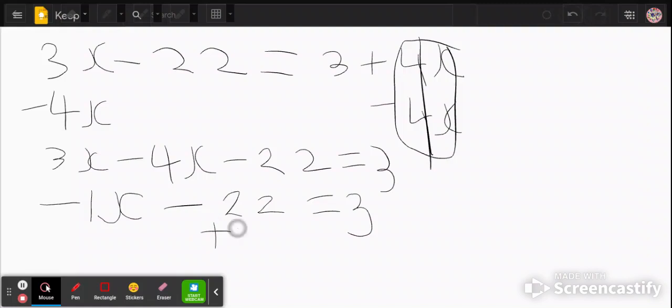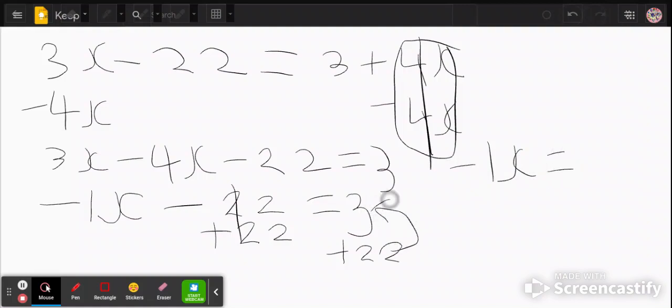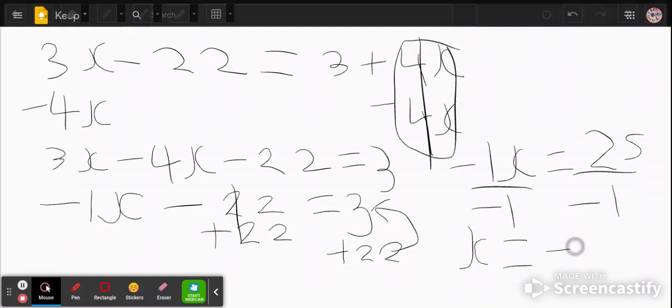So we do the opposite of negative 22, which is to add 22 to both sides. So therefore, we're left with negative 1x is equal to 22 plus 3, which would give us 25. So now we divide both sides by negative 1, and therefore x is equal to negative 25.